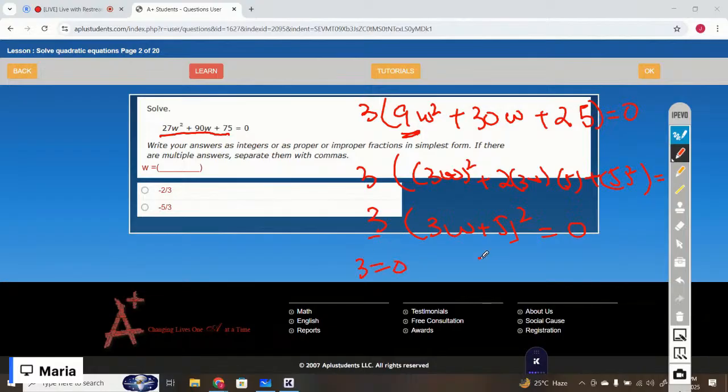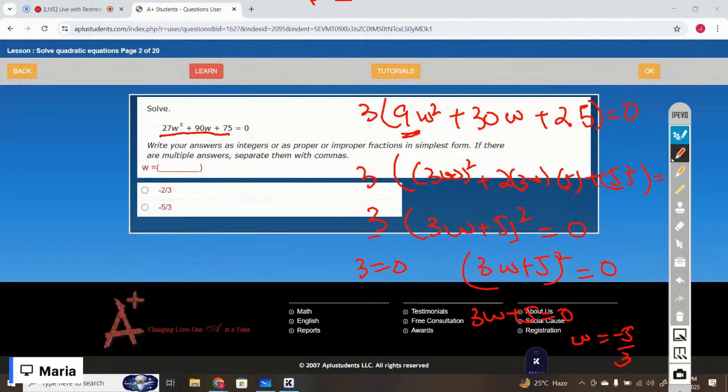So 3 is not equal to 0, right? And (3w plus 5) whole square equals 0. So 3w plus 5 equals 0. So w equals negative 5 over 3.